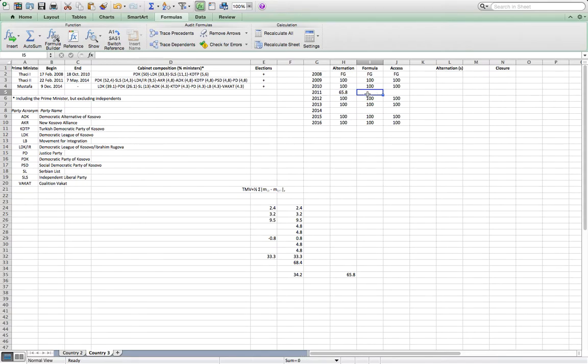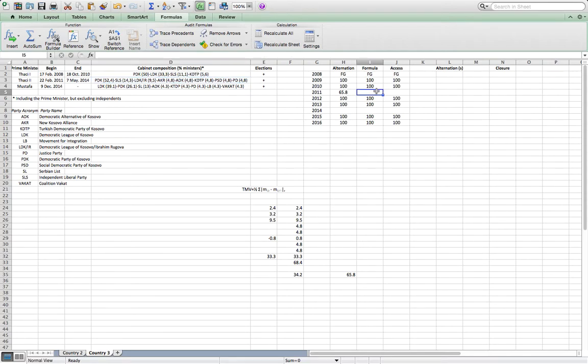And let's go and see formula. Which parties in 2011 were together in government in 2008? Are there any? I'm sure you see. The PDK, the Democratic Party of Kosovo, the Independent Liberal Party, and the Turkish Democratic Party of Kosovo were together in government.